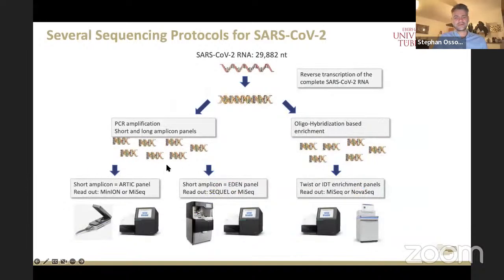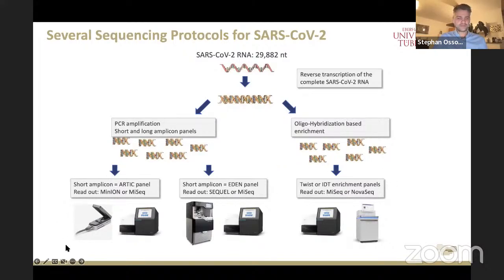We took the standard ARTIC panel at the time, or still the most commonly used amplicon panel. There were other amplicon panels like Eden, and we wanted to compare that to a method that's close to our liquid biopsy, where we use oligo hybridization, so NGS panels that use oligos to enrich the virus from the sample, spit or whatever sample you took.